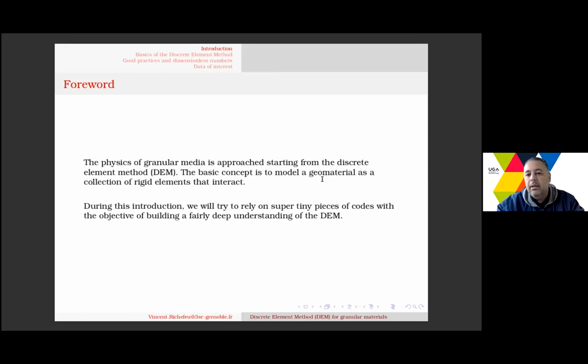Normally, the DEM code, the one you will use or develop, is written in a language like C, C++, Fortran, something like this. So here the objective is only to build a deeper understanding of the DEM, not to make a code.